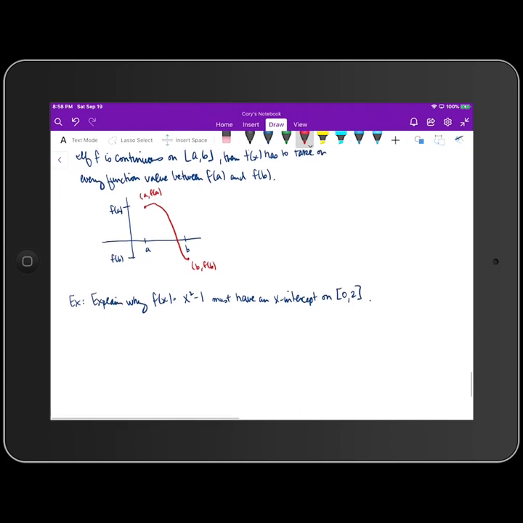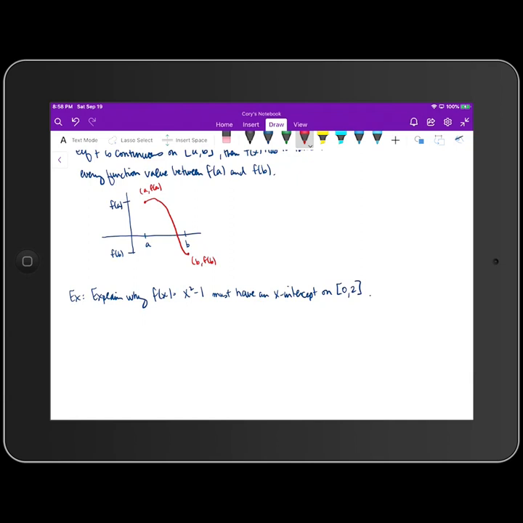Okay, so our explanation, number one, is that f of x, which is equal to x squared minus 1, is continuous on the closed interval from 0 to 2. Again, f of x is a polynomial function. It's a quadratic function.